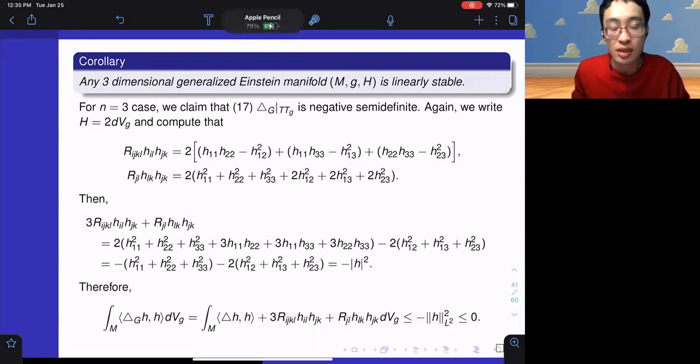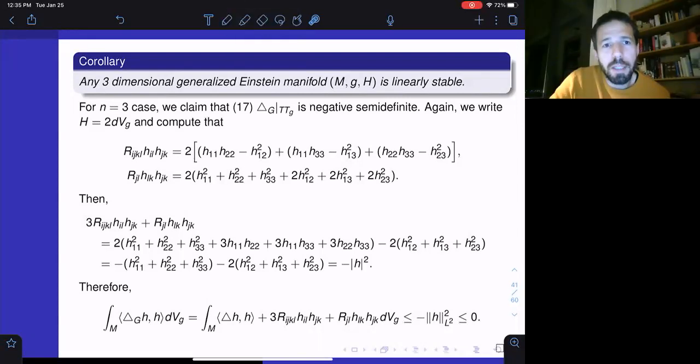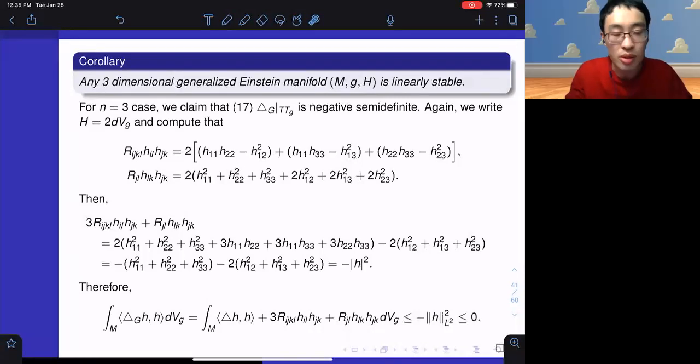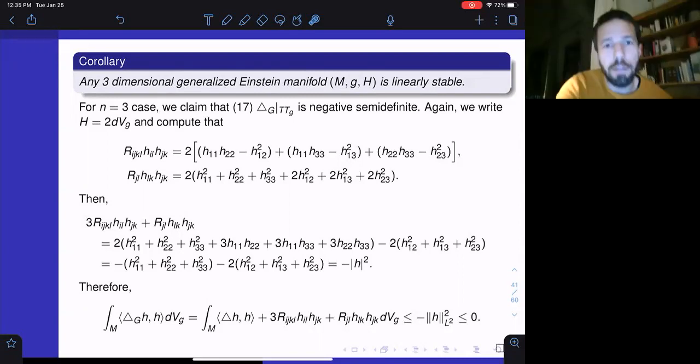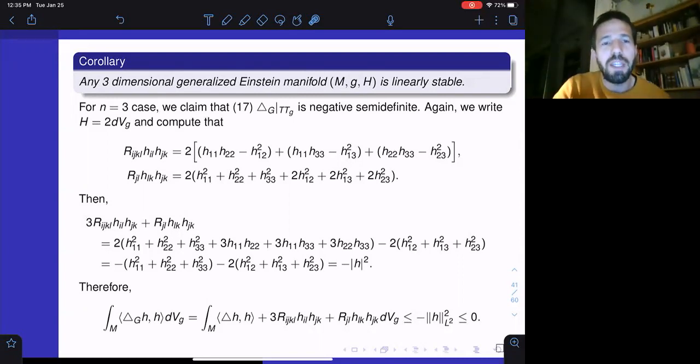In your results about Bismut flat manifolds, I understand that in this analysis of linear stability, you are doing it for arbitrary deformations of the metric, not necessarily compatible with the complex structure, right? Sorry, I didn't get your point. Oh yeah, that you are not considering compatibility with the complex structure at all. You are regarding a Bismut flat manifold as a generalized Einstein manifold without any assumption on the variations.